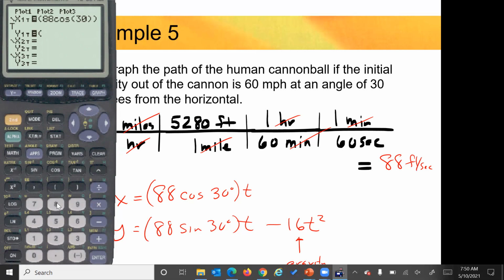Next one, same thing: 88 sine 30 degrees. Close off sine, close off the whole term, t minus 16 t squared. There it is.